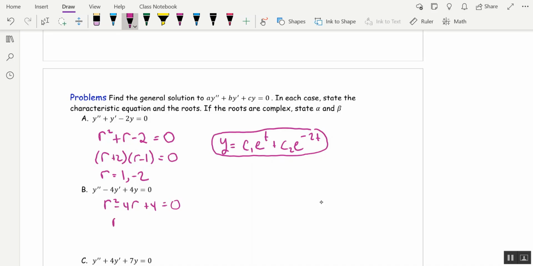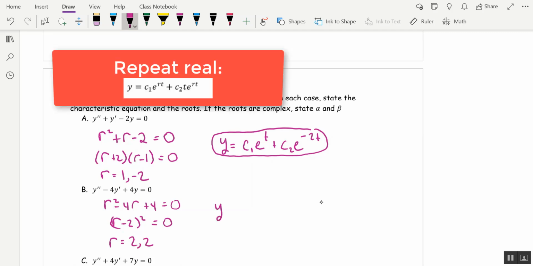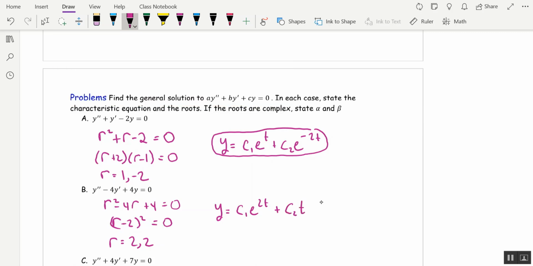That factors as r minus 2 quantity squared equals 0. So that's a repeat root of 2. So I'll just write 2 twice. And so in this case, my general solution, this is the second case, c1 e to the 2t, and then I multiply by t, c2 t e to the 2t.